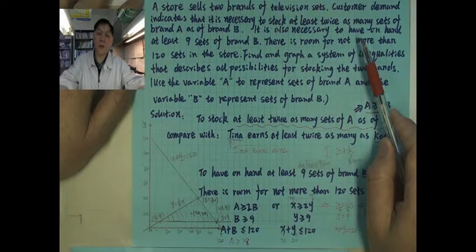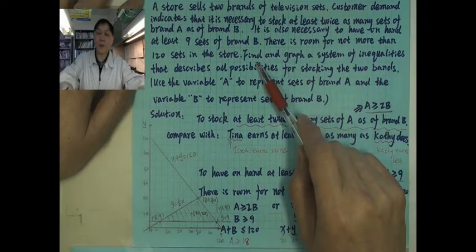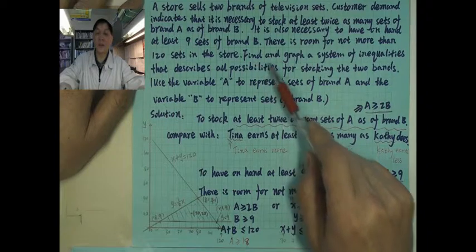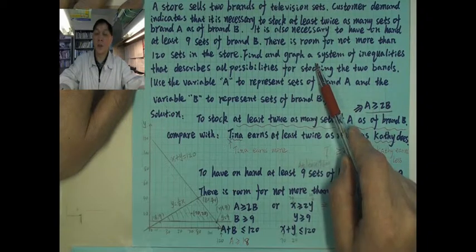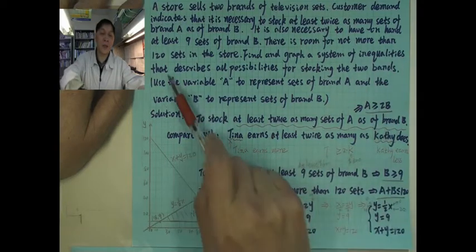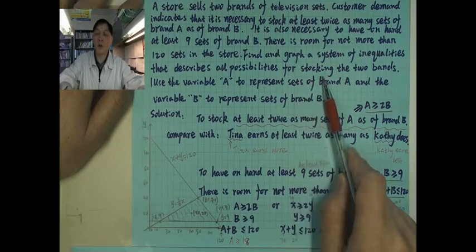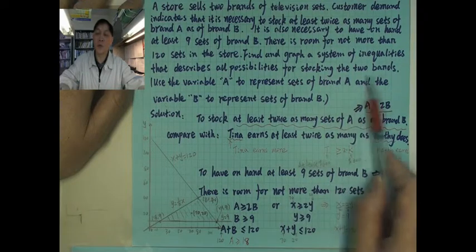So there are 3 sentences right here. And here is the one we want to do. Find and graph a system of inequalities that describes all possibilities for stocking the 2 brands.